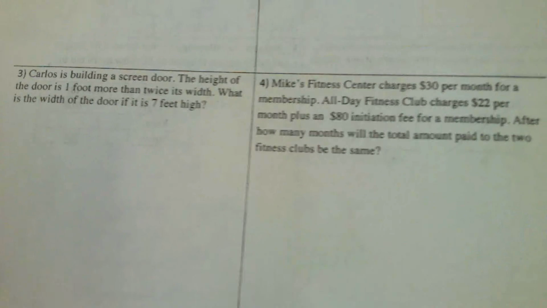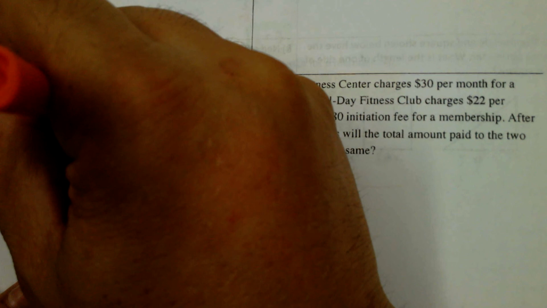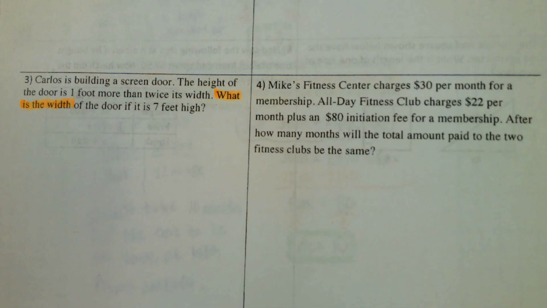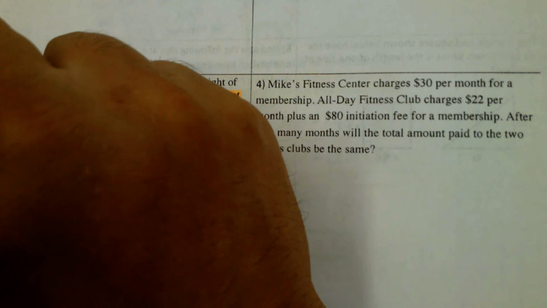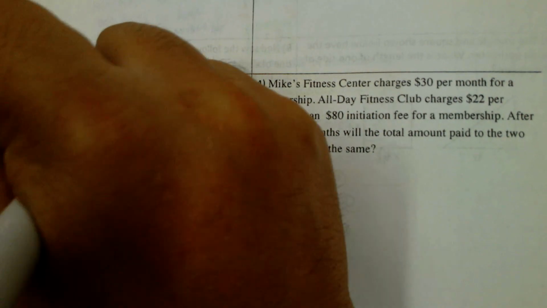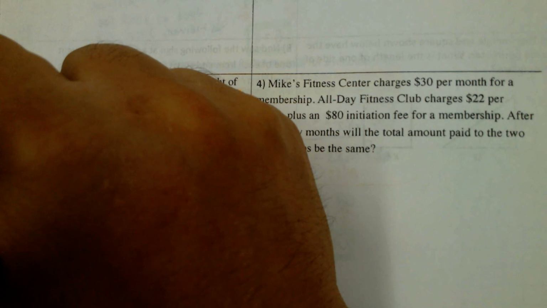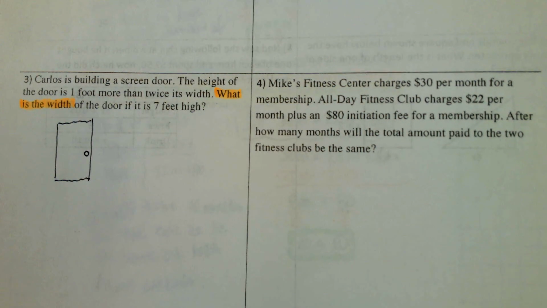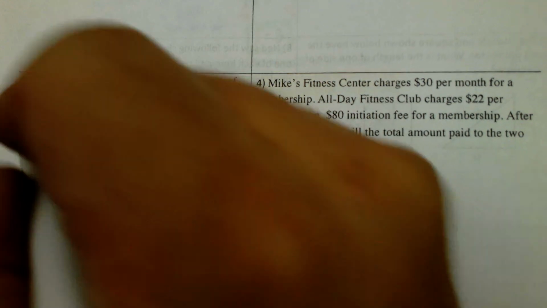So in this one, they're asking us for the height or the width. So it's a door. Doors are, let's say, rectangles. Okay, so here's our door. Well, first of all, we need the width.